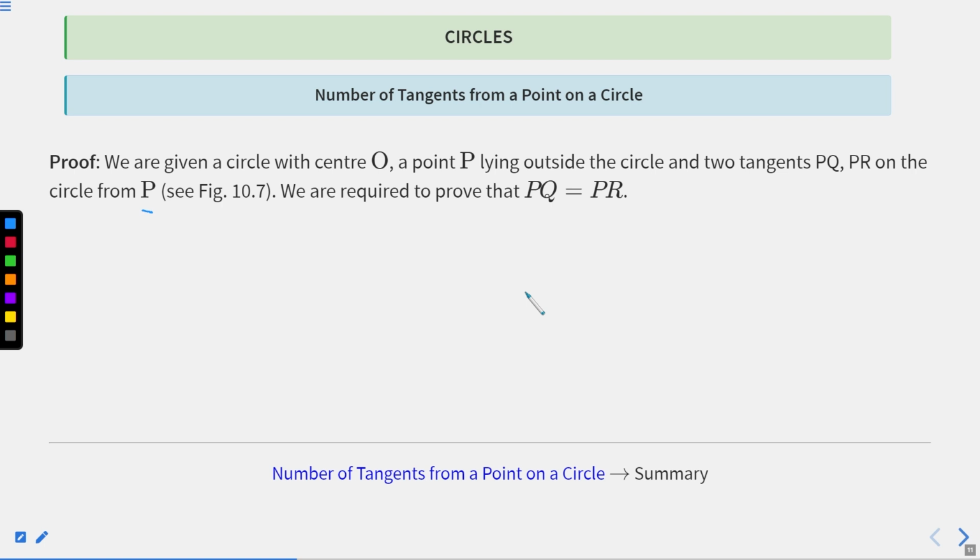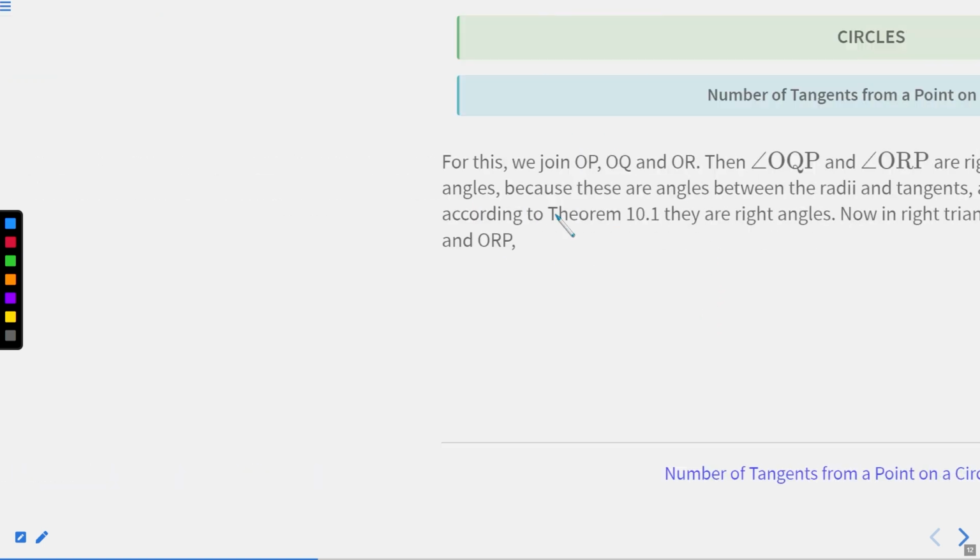There we are given a circle with center O and a point P lying outside the circle, and two tangents PQ and PR from the point P. We are required to prove that the lengths of the tangents PQ and PR are equal. So we have to prove that PQ is equal to PR.